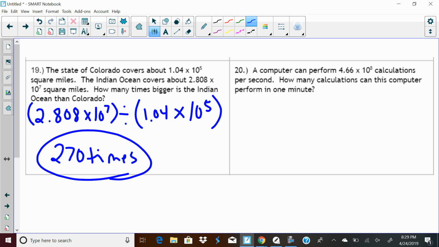A computer can perform 4.66 times 10 to the 8th calculations per second. How many calculations can this computer perform in 1 minute? So there's 60 seconds in a minute. So I'm going to do 4.66 times 10 to the 8th times 60.